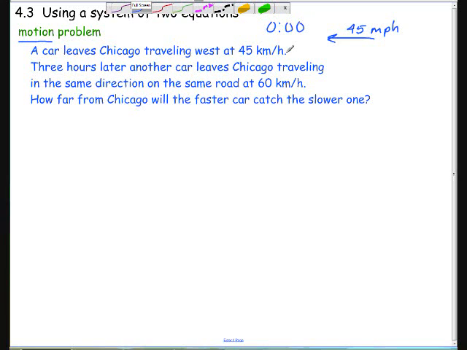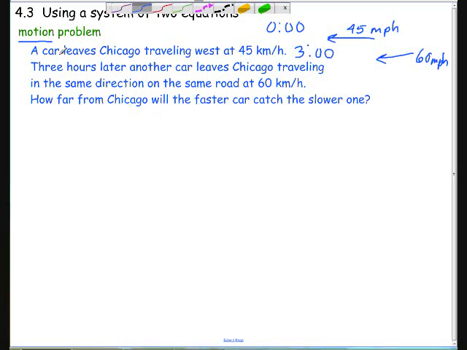Then 3 hours later, another car leaves Chicago, traveling in the same direction, west, at 60 miles per hour. How far from Chicago will the faster car reach the slower one? So at what point do they catch up with one another?